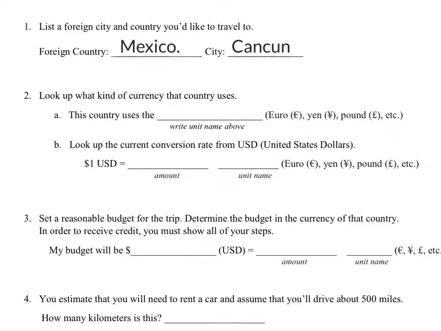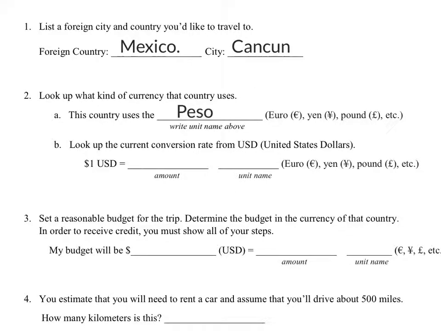And we know it's in Mexico, so they use the peso. Now, keep in mind also that I've never been to Cancun, so if they do use some other form of currency there, then that's okay. But I'm just simply going to be using the peso for this case, because on Google it says that they use the peso.